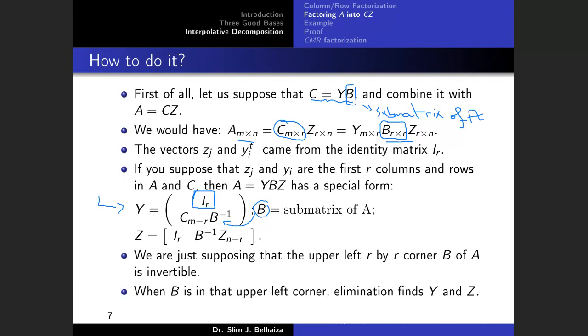And we'll see just in a minute or two how this would be obtained. And the next part is to show in that case that if you are able to write C as YB, then in fact you can write Z using the previous Z, which is going to be Y_R times B minus 1 Z_{n-r}.